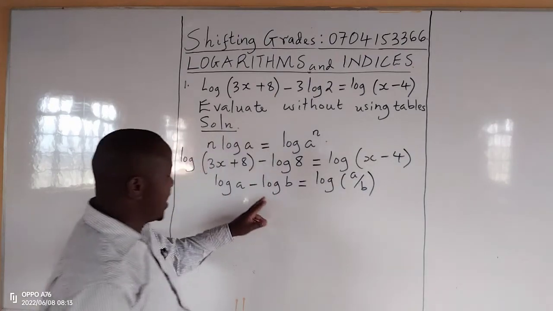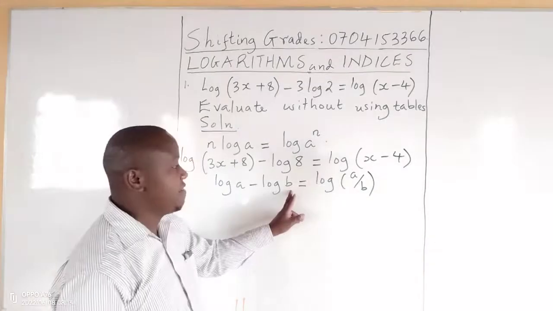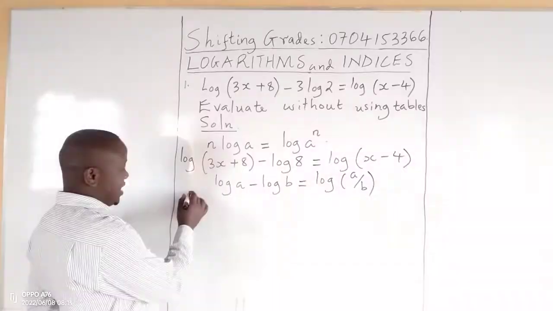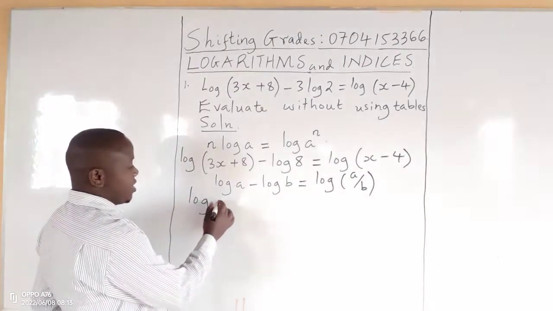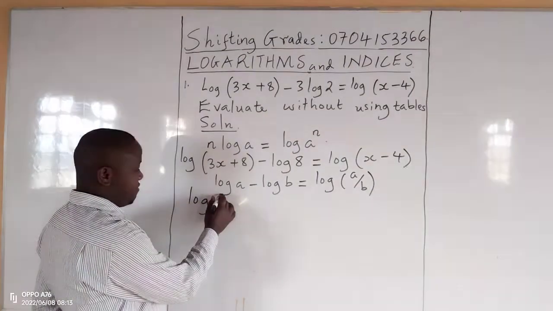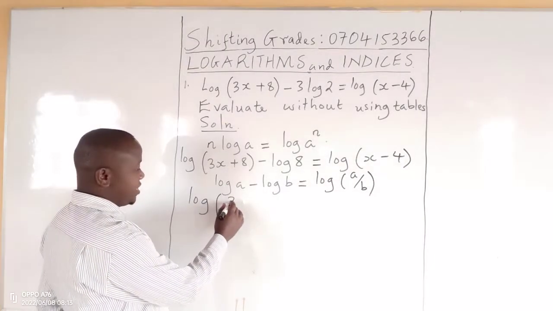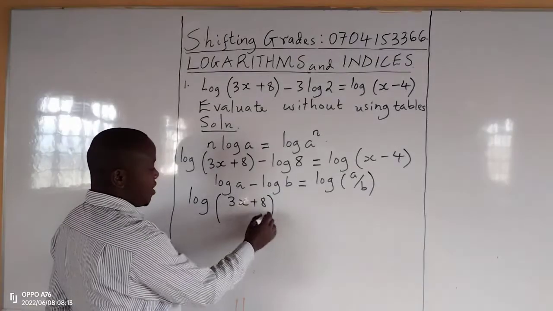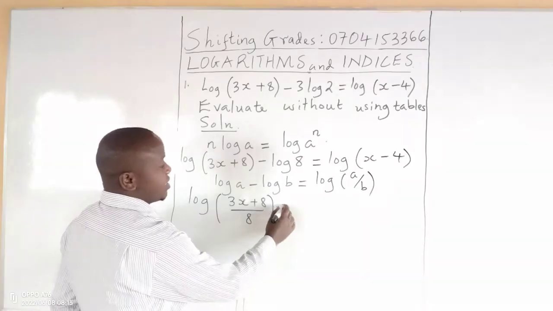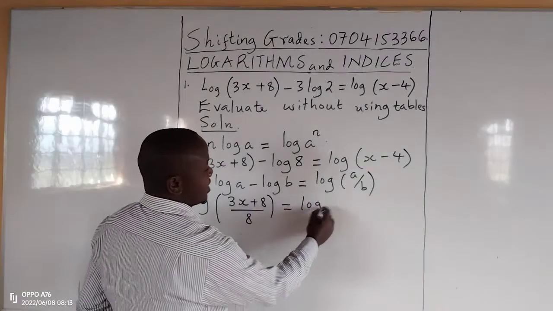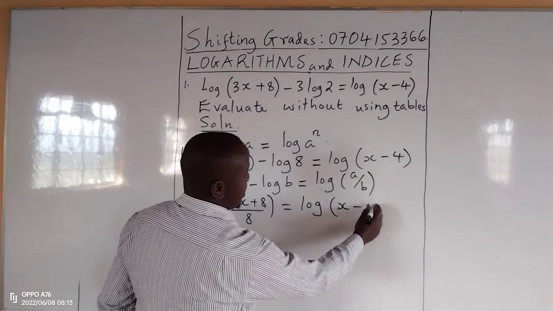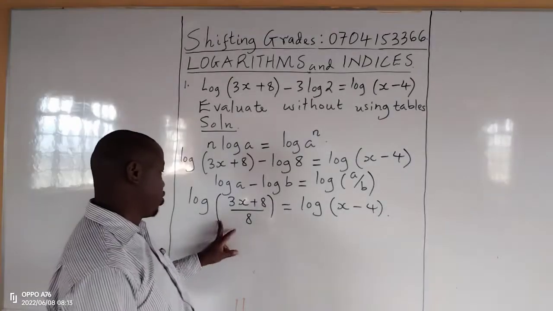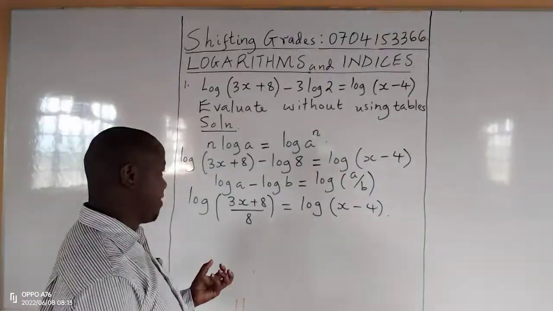So if we have a negative, we divide the numbers whose logarithms are being taken. In this case, we take the logarithm of 3x plus 8, and because we have a minus here, we divide it by 8. This equals the logarithm of x minus 4. There is no further application of laws now. We cannot apply any other law.